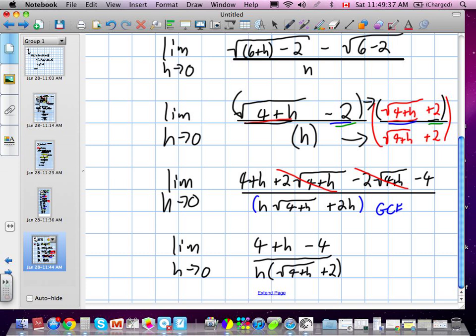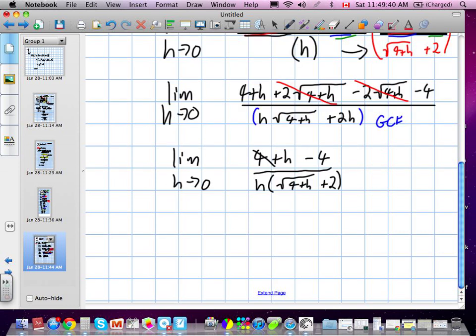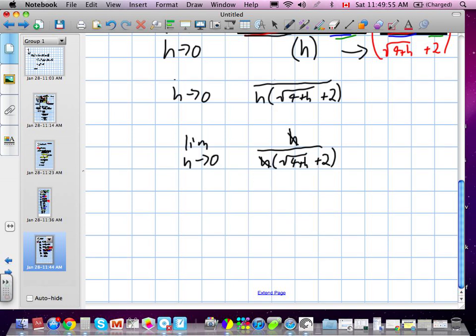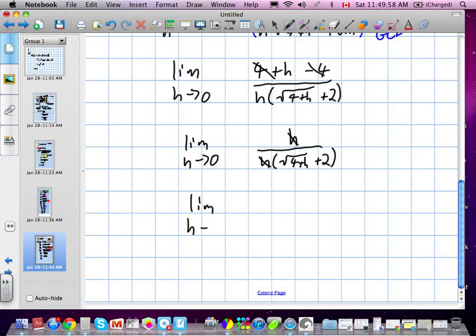On top, our 4's cancel out. So we have h over h times (root 4 plus h plus 2). The h's cancel out, and we're left with the limit as h approaches 0 of 1 divided by (root 4 plus h plus 2).